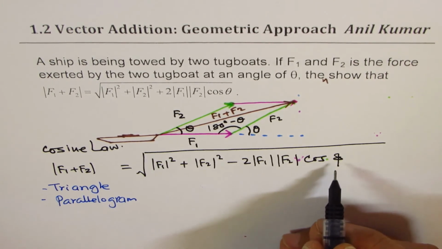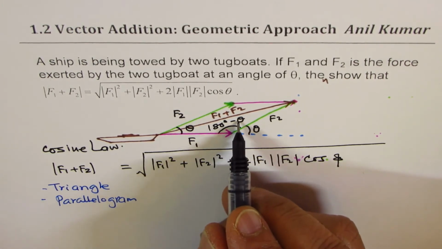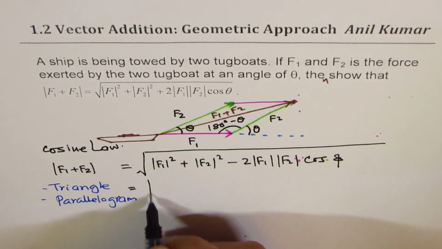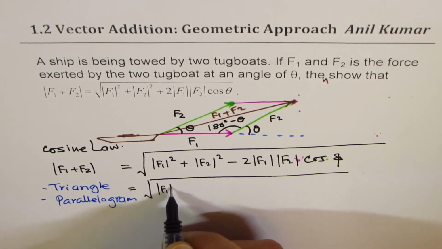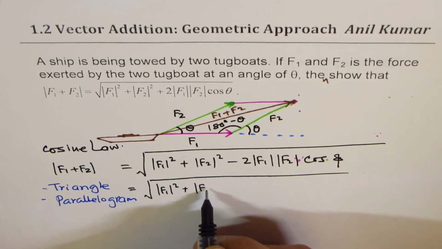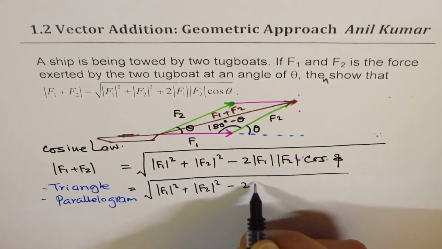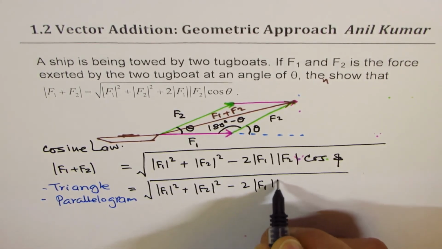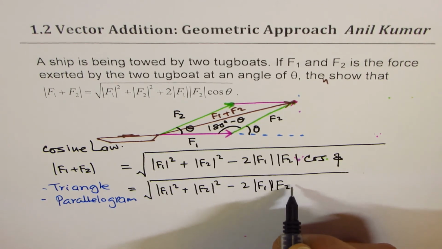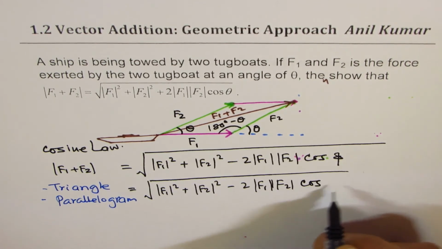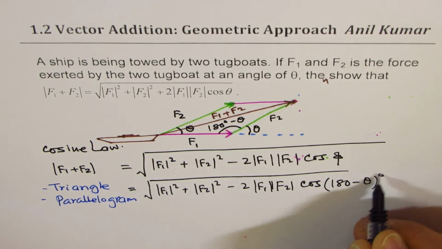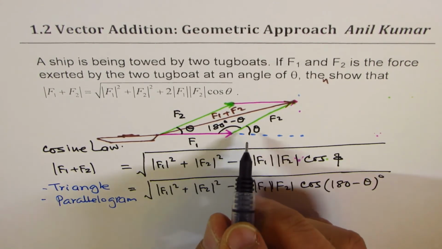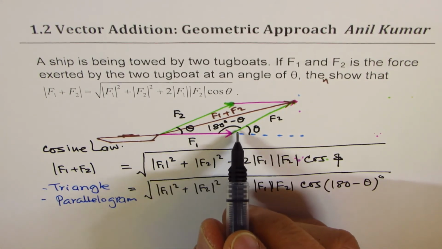Now in our case, this angle is 180 minus theta, right? So we could write this as square root of magnitude of F1 square plus magnitude of F2 square minus 2 times product of F1 and F2 times cos of 180 minus theta degrees, because theta is the angle between them.